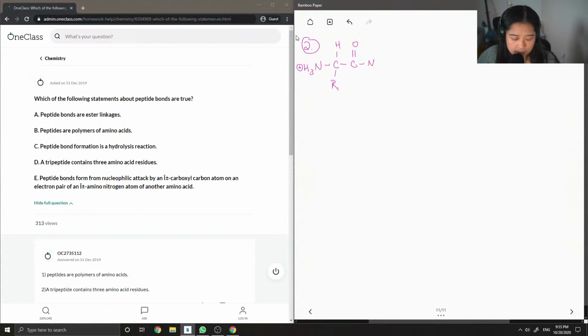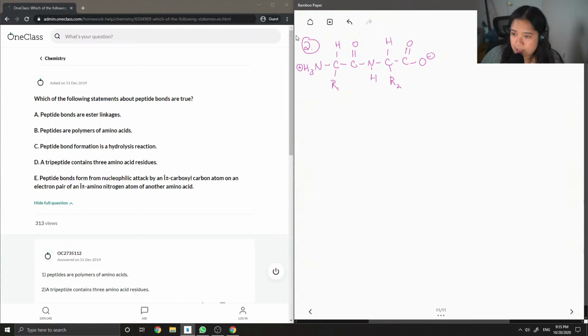So this is kind of what your amino acid chain looks like. So I'm just going to draw out 2 amino acids that are held together by a peptide bond.